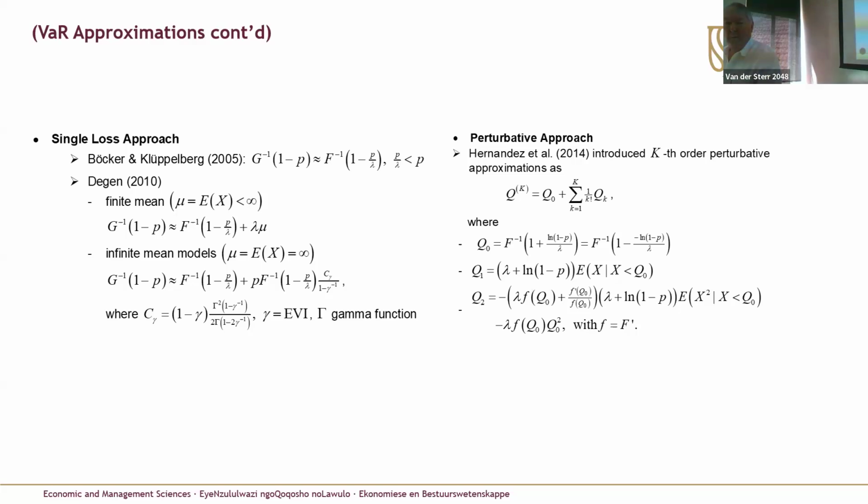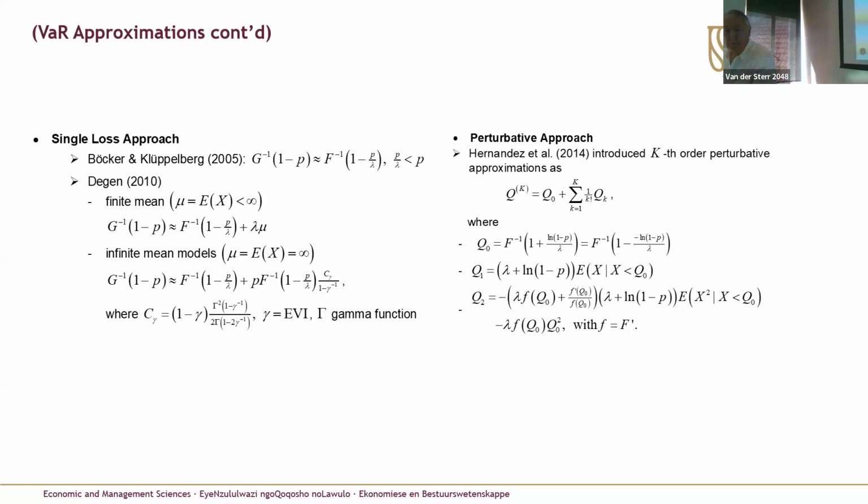Now, again, that takes you further than p. It again takes you, just like p over lambda, to a much smaller point, so you go much further into the tail. We can adjust for second order using Q1 and Q2. So your second order approximation will be Q0 plus Q1 plus Q2.